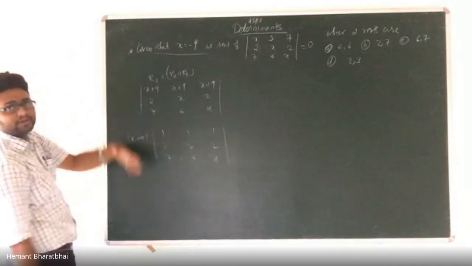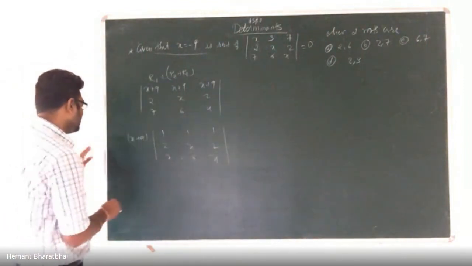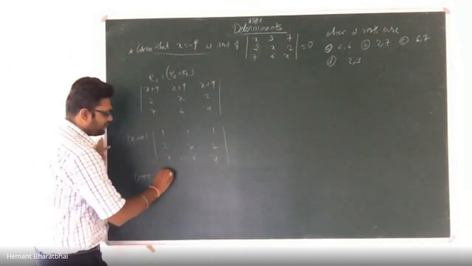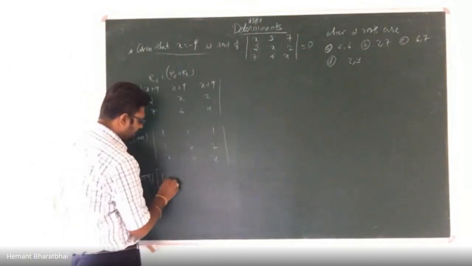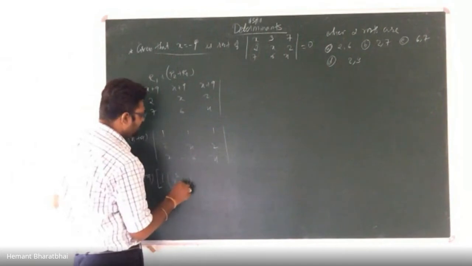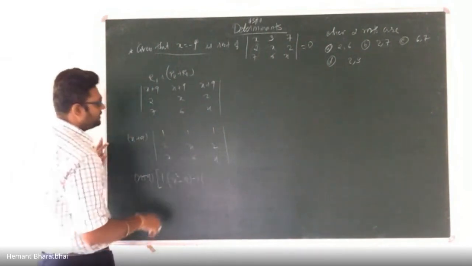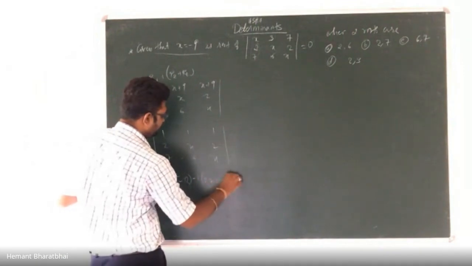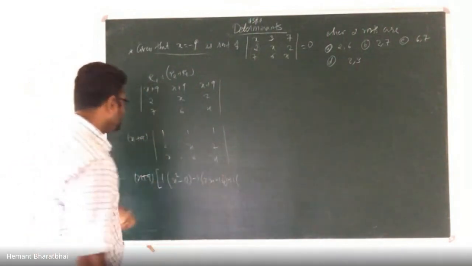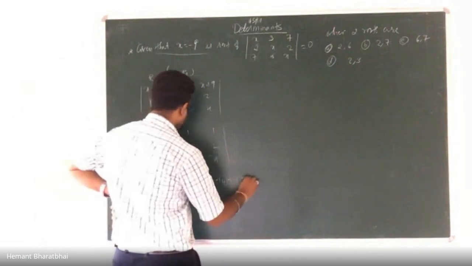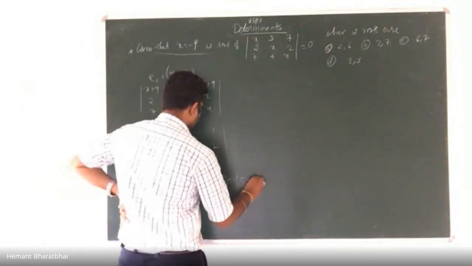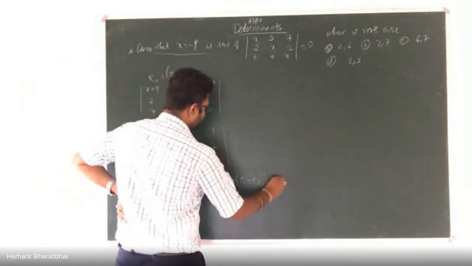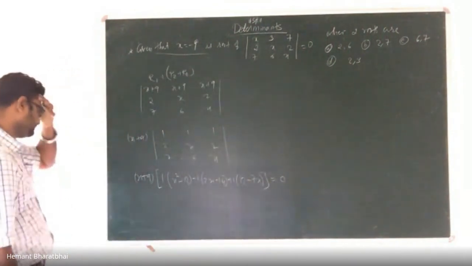Now if you want, you can further try to reduce it, or you can directly take the determinant. I am going to directly take the determinant. So x into x, that is x square minus 12, minus 1 into 2 into x, that will be 2x minus 14, plus 1 into 6 into 2, that is 12 minus 7x, equals 0.